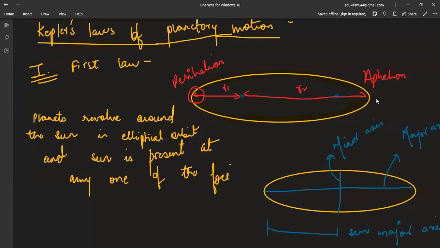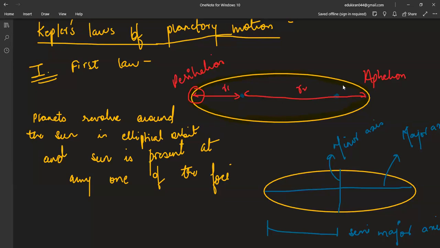Since a circle is a symmetrical figure, the focus of the circle will be its center. When we are talking about an elliptical shape, you cannot have one point from which everything will be equal. So that's why we have two points of reference, the foci.